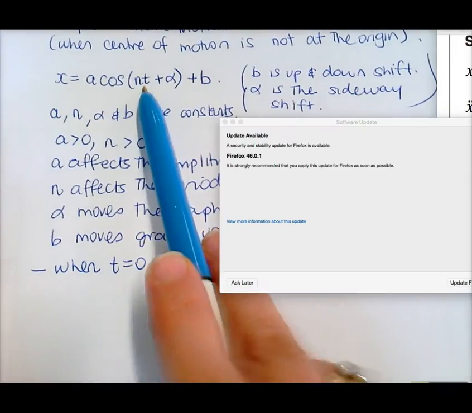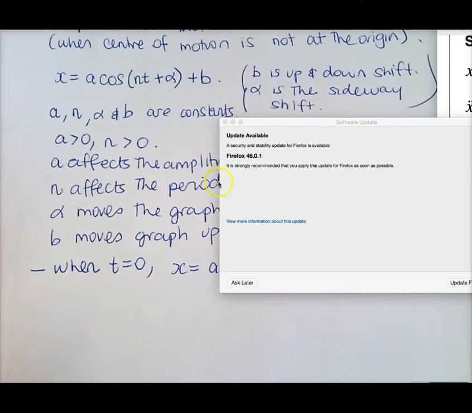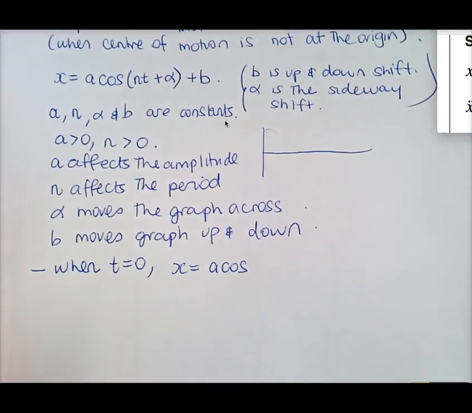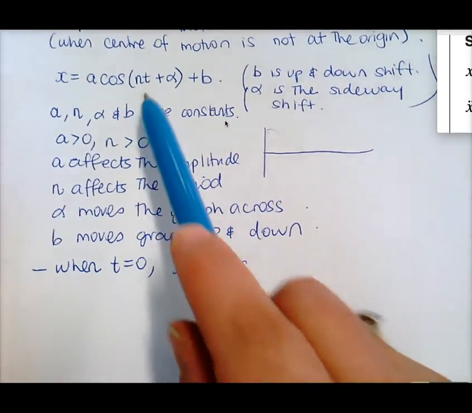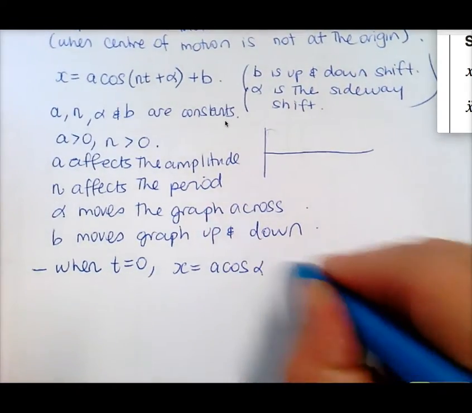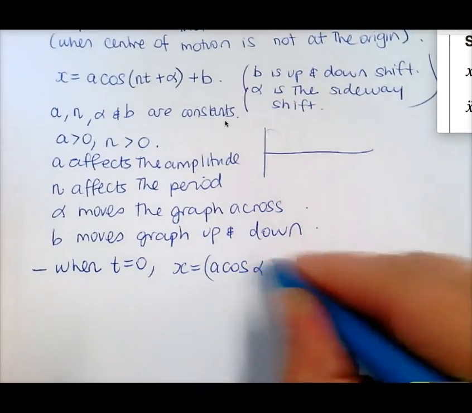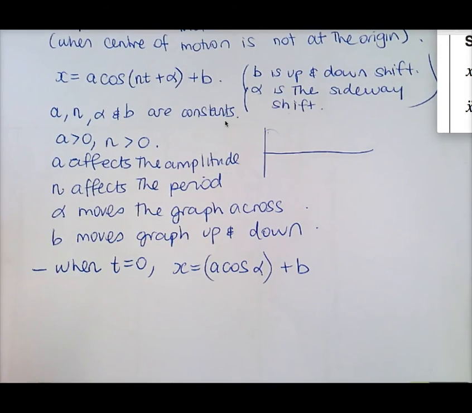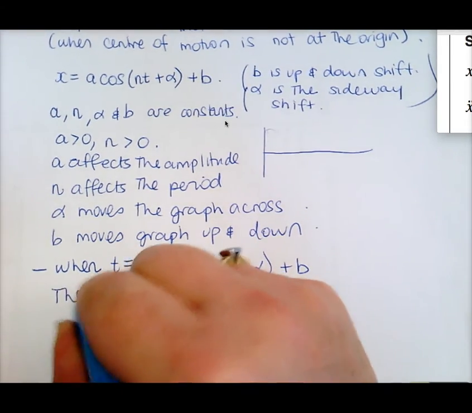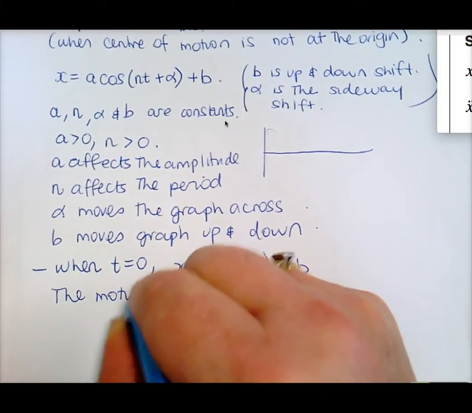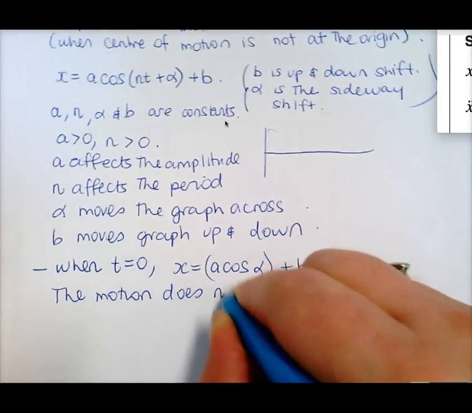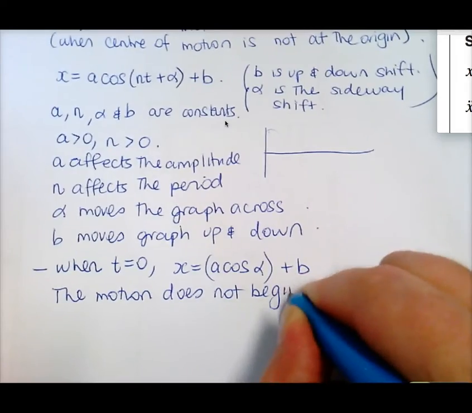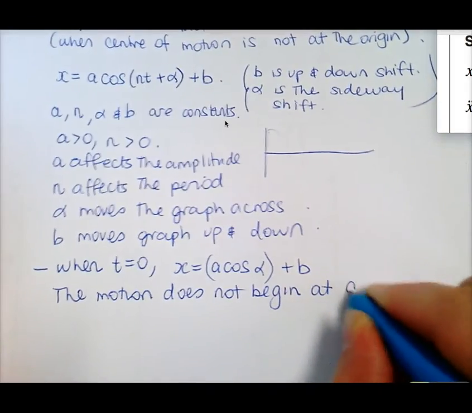When t is 0, what have you got? x equals a cos alpha, plus the constant b on the side. The motion does not begin at a.